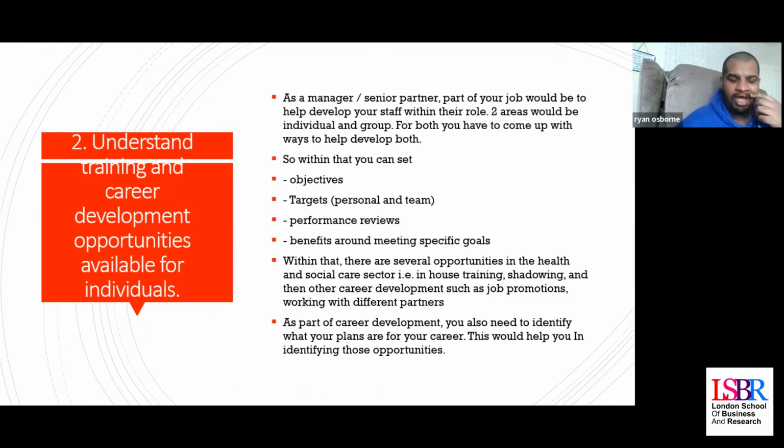And then you've got to look at the benefits around meeting specific goals. What are the benefits? When you ask people to meet specific goals, there will be benefits.